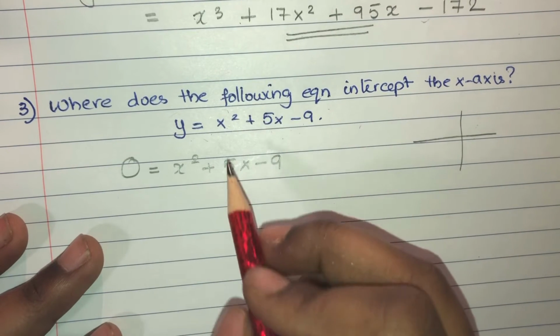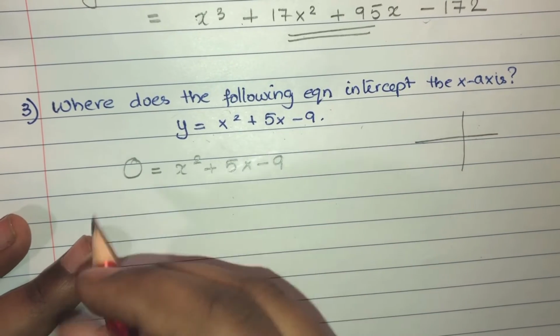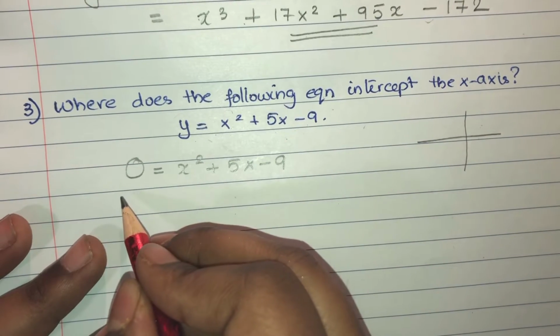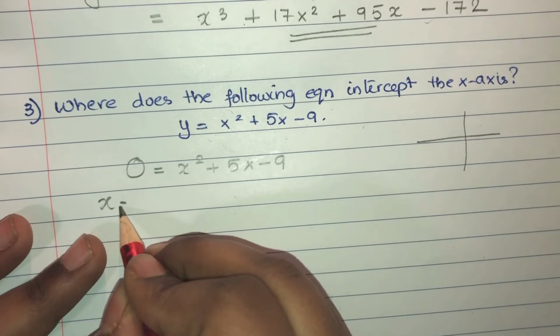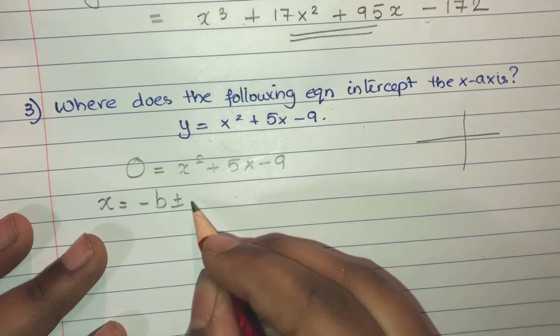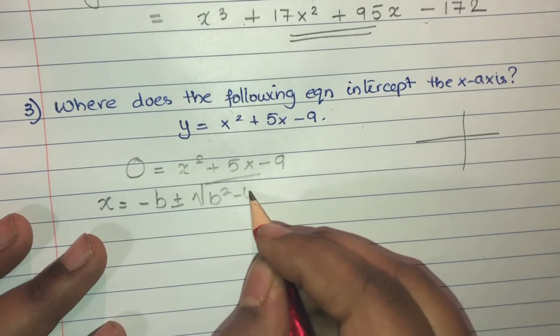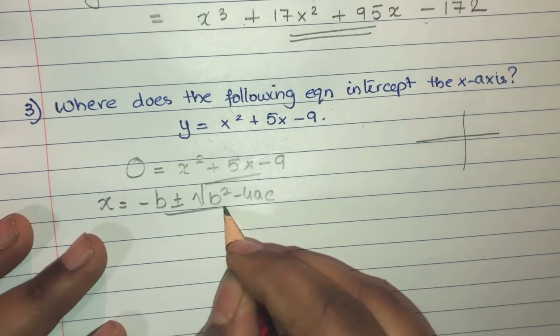Now this equation is not easily factored, so we have to use the quadratic formula. I hope you guys know the quadratic formula, so I'll just write it down here. x is equal to minus b plus or minus root b squared minus 4ac, divided by 2a.